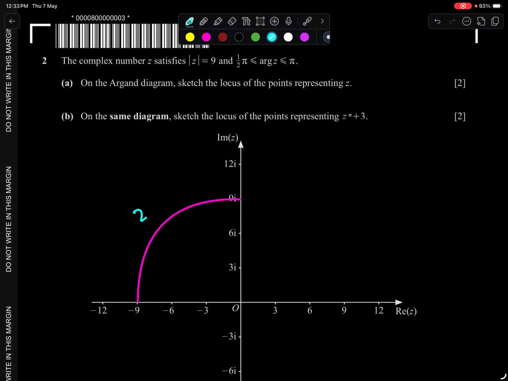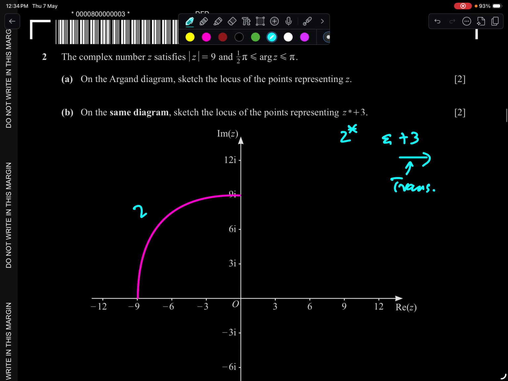Now the next part. On this same diagram, sketch the locus of the points representing z star plus 3, the conjugate of z plus 3. Let's break this into z star and 3. So plus 3 means translation of 3 units right.